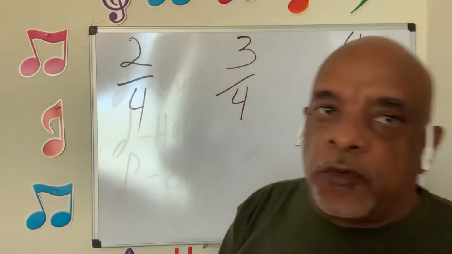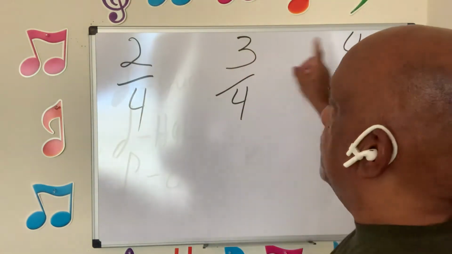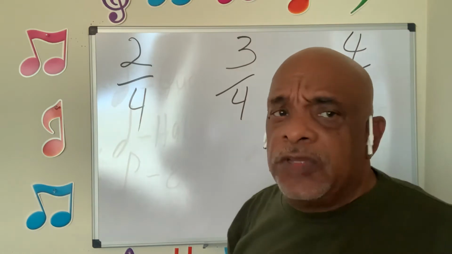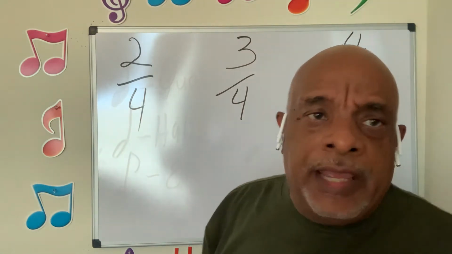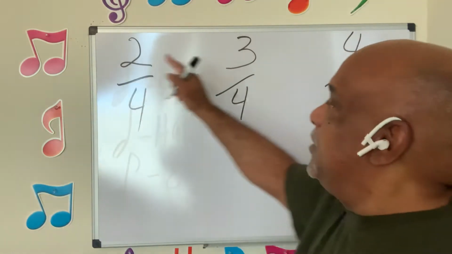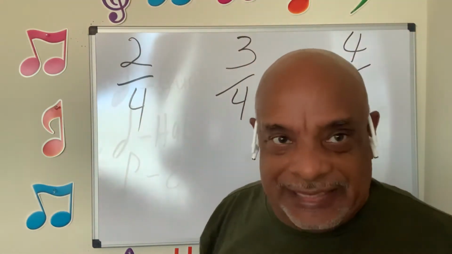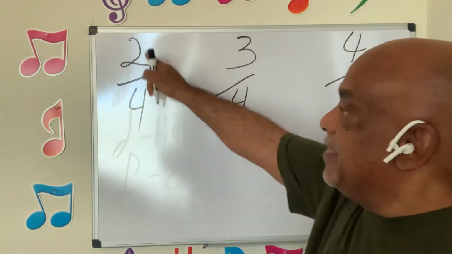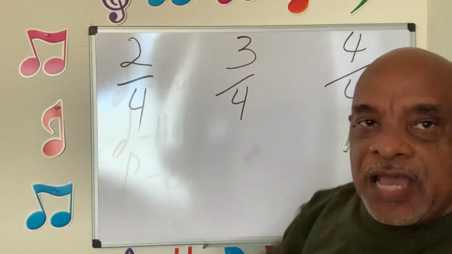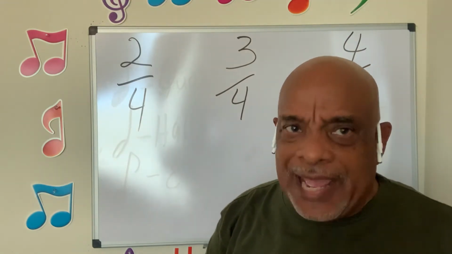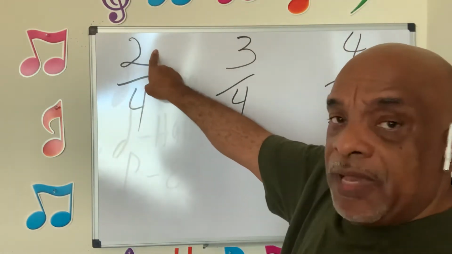Let's look at the top numbers. It could be 2/4, 3/4, 5/4, 6/4, 8/4, even 10/4. That top number means how many beats are in a measure.